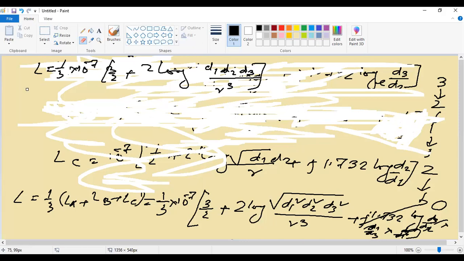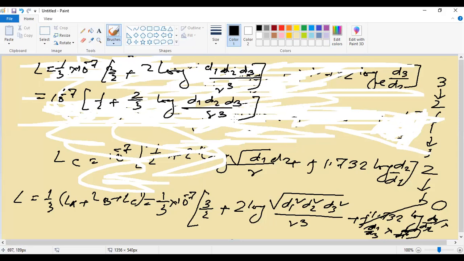So this will be equal to 10 to the power minus 7. Now when 1/3 is taken inside, this will be half, and this will be 2 by 3 log of d1, d2, d3 by r cube.